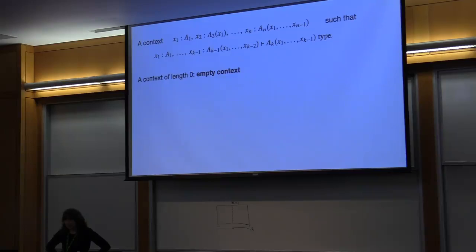Yes. And then you sort of inductively generate your context, right? You start with the empty context, that is always a context, and then if you want to form x1 of type A1, A1 has to be a well-formed type in the empty context.